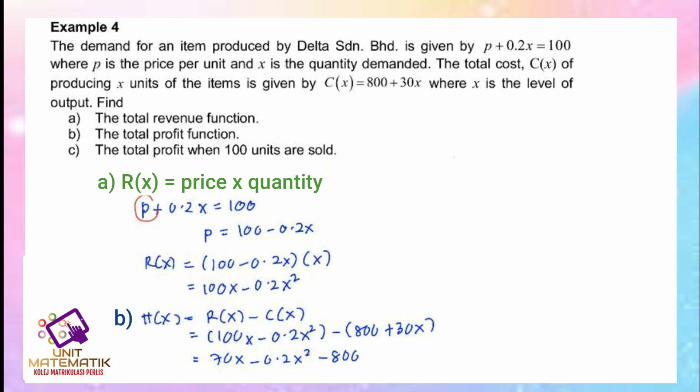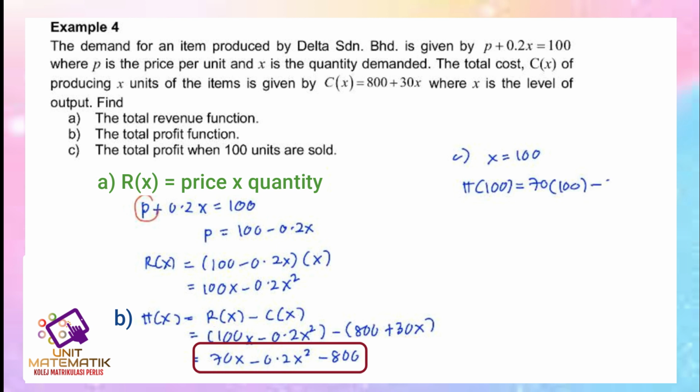For C, you want to know the total profit when 100 units are sold. So 100 units is x. We substitute the value into the profit function. We take the function from B: 70 times 100, minus 0.2 times 100 squared, minus 800.